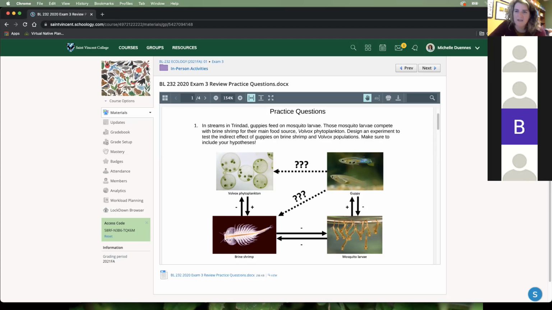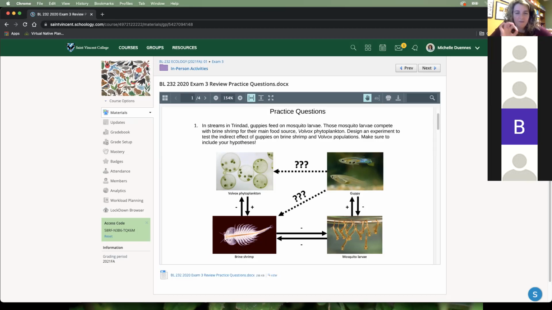I'm not sure. Honestly, any hypothesis for the Volvox population would be plausible as long as you can explain your rationale behind it. So really, as long as you have a good rationale for your hypothesis and your answer on the exam, that'll be good.